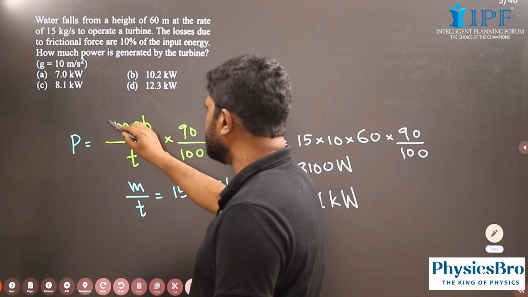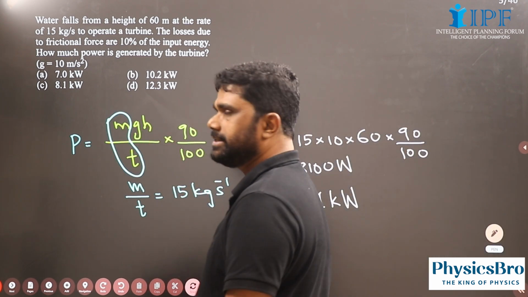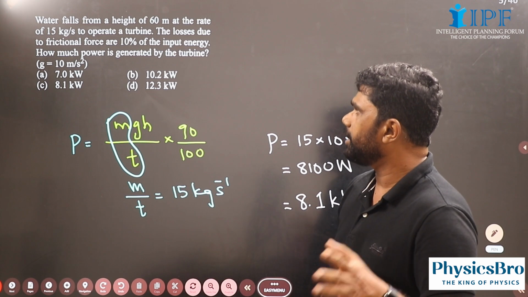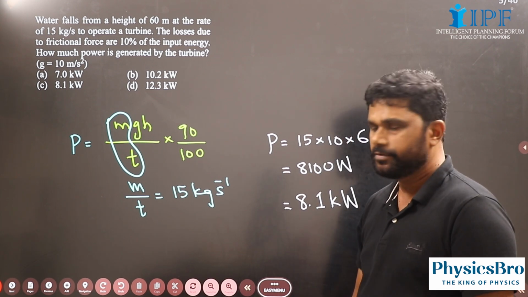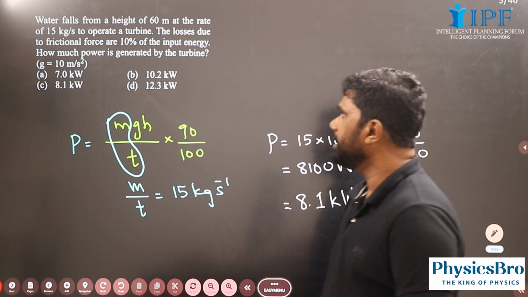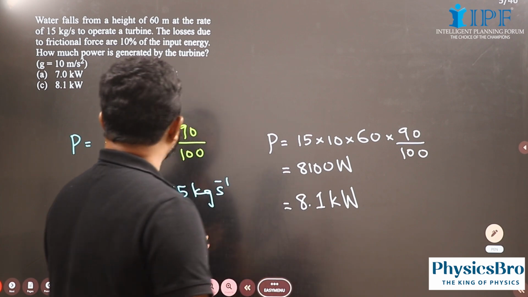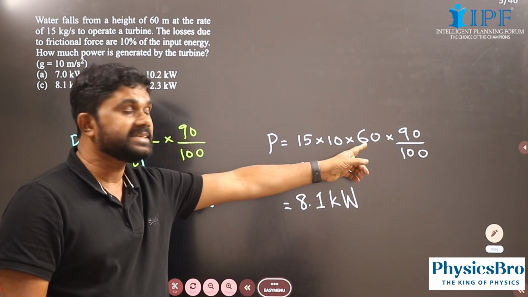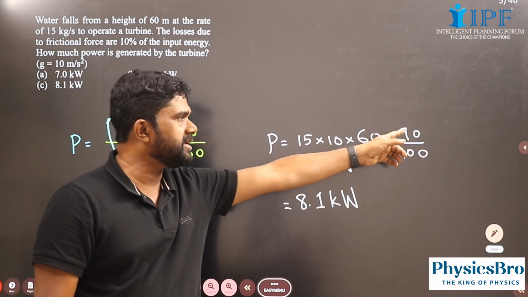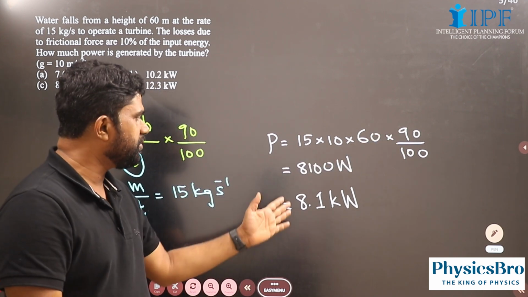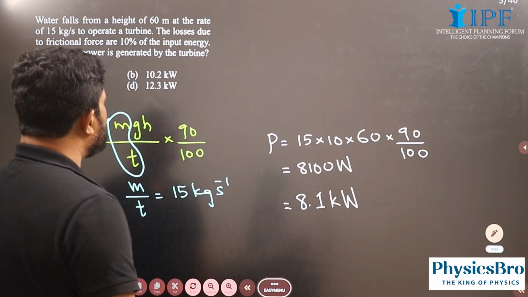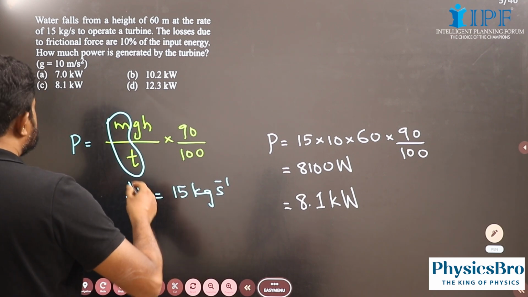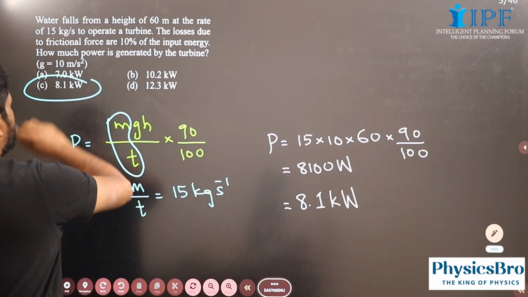Of this, m divided by t is the mass per unit time, and it is given as 15 kilogram per second, and g is 10. Height is 60 meter, and we have to find 90% of it. So it will be 8.1 kilowatts. It is 8100 watts or 8.1 kilowatts.